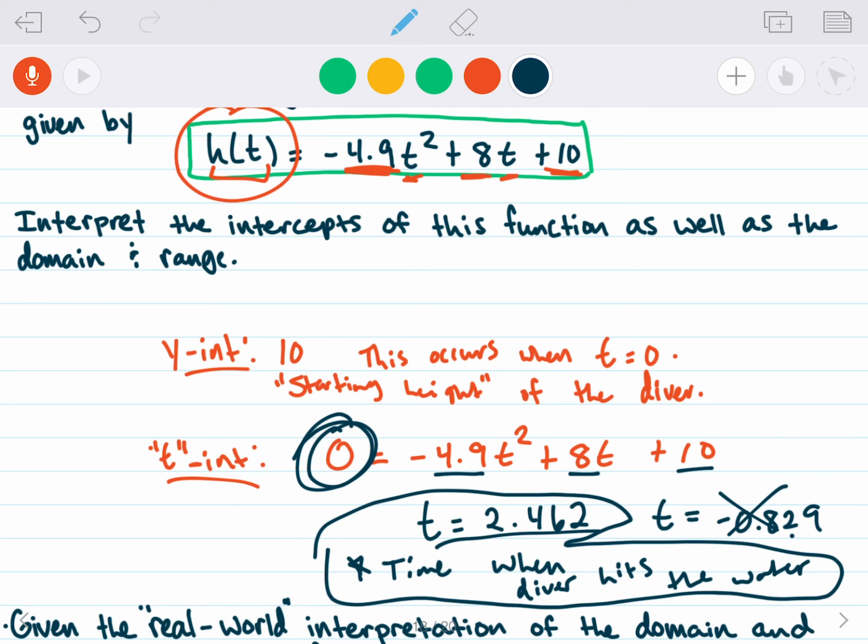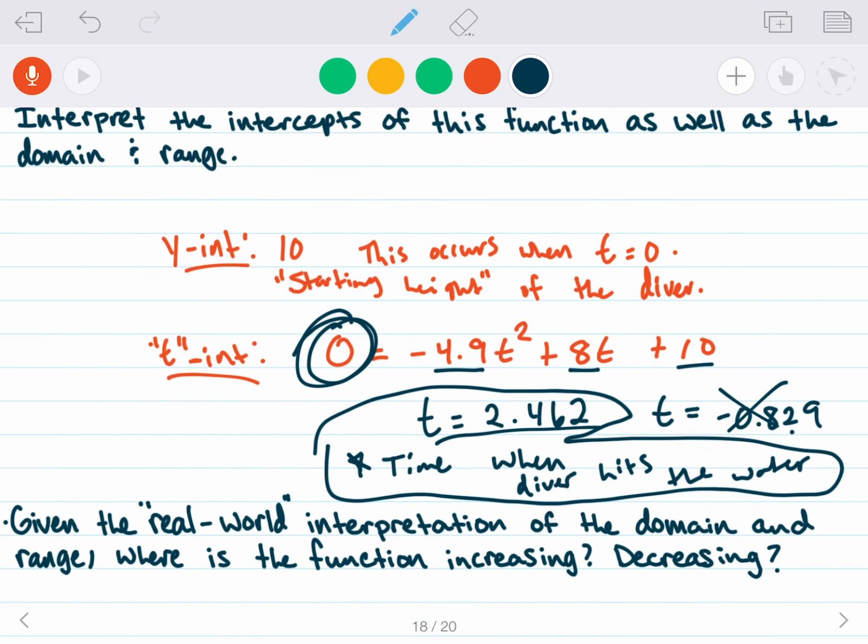Now, the domain and range, it says interpret the domain and range. And so you can actually interpret this question in two different ways because it's a little vague. You can say, okay, well, I'm going to interpret this just by looking at the function, or you can do something a little bit more sensible and interpret this in terms of the real world representation.